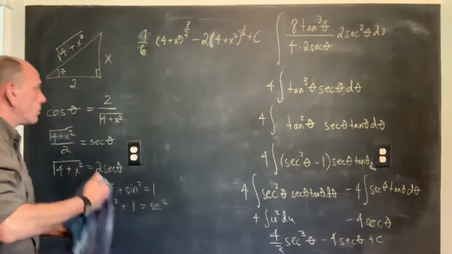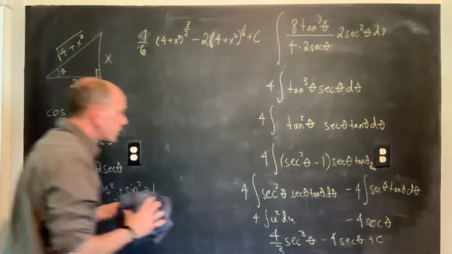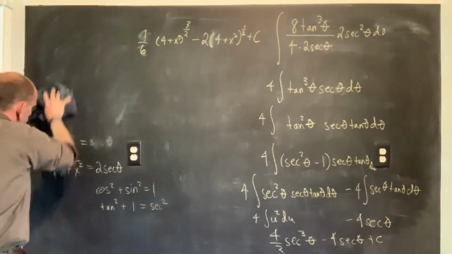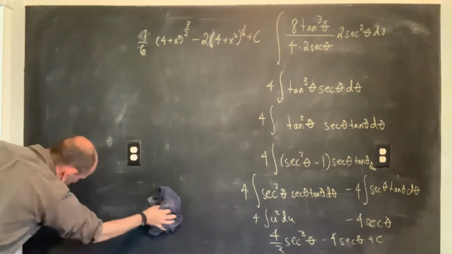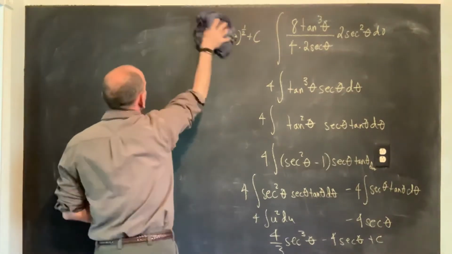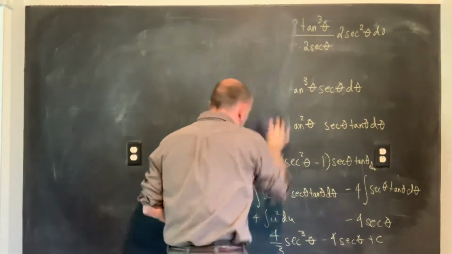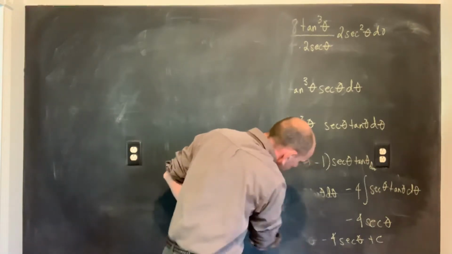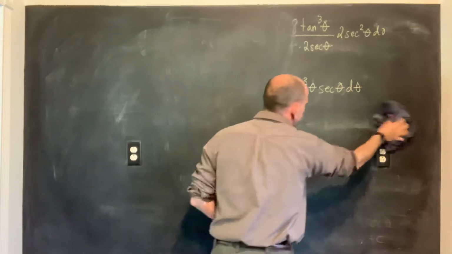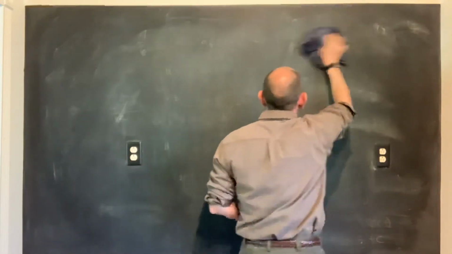Okay, so that was one where we had the sum of two squares. So our substitution is u equal a tangent of theta. Our third kind, they're very, very similar in structure. It's just the difference is what sub we'll use.